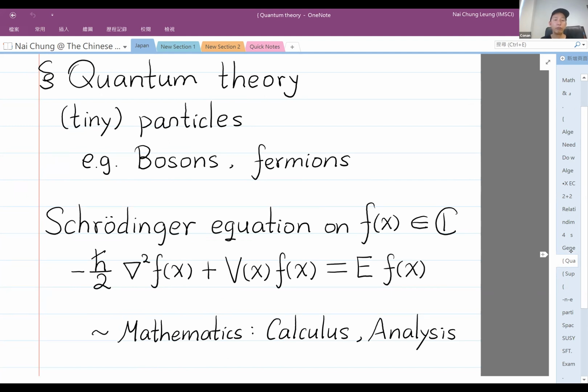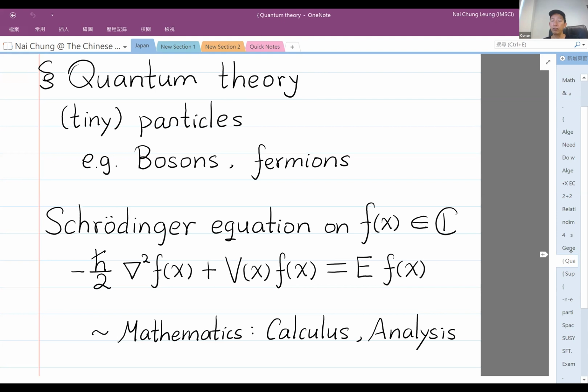Okay, and some of those terms are called bosons and fermions and so on. And in mathematics, those particles become wave functions in quantum theory, and the wave function I write as f(x) has to satisfy an equation called the Schrödinger equation. Okay, so equations for the wave function called f(x). x is the space-time.